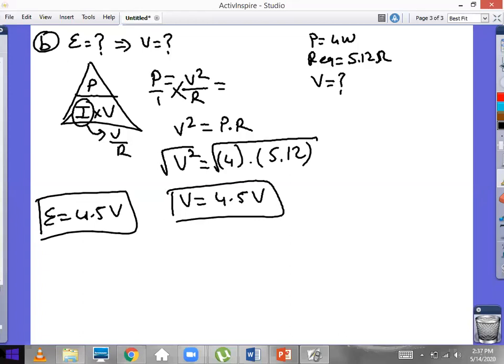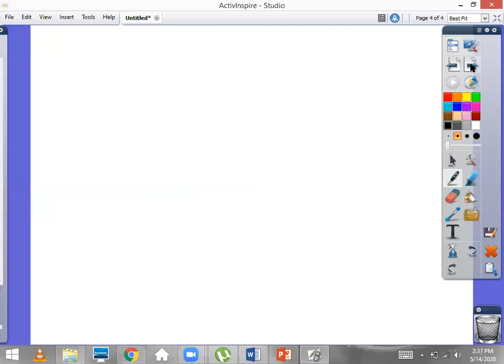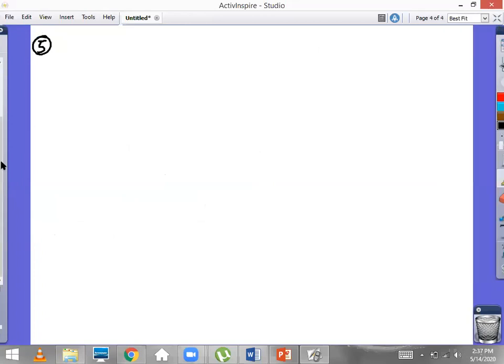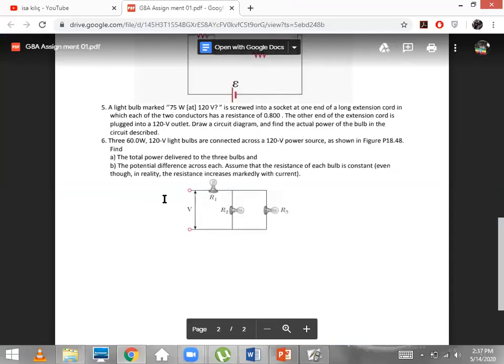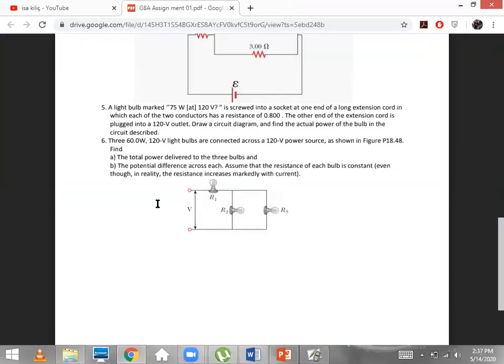No questions? Good. Let's go to number 5 then. Let me just read out the question here. A light bulb marked 75 watt at 120 volt is screwed into a socket at one end of a long extension cord, in which each of the two conductors has a resistance of 0.8 ohm.